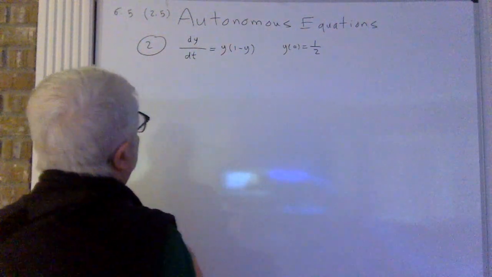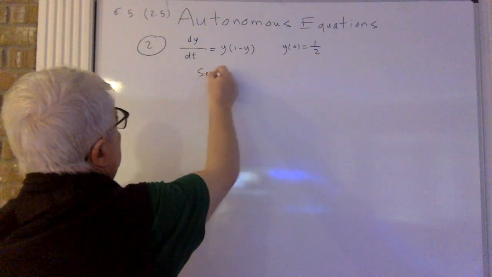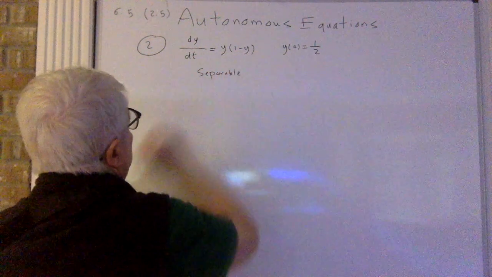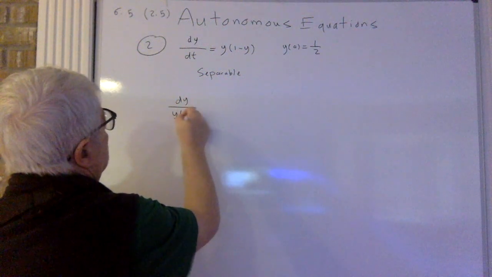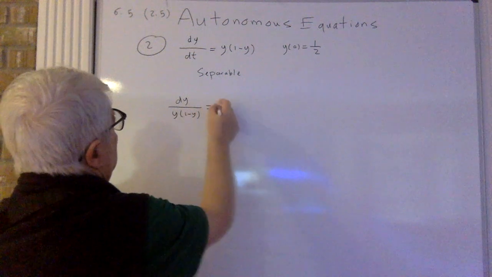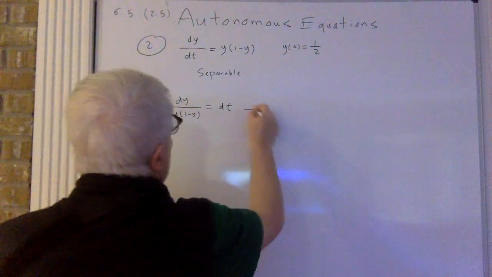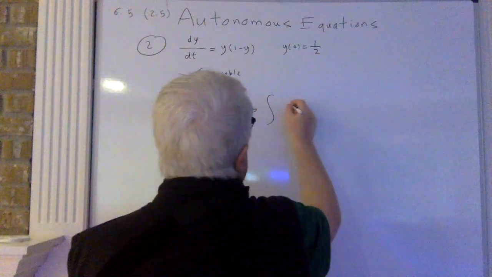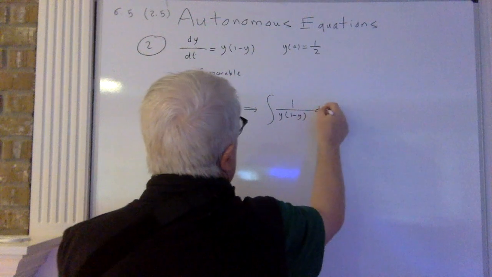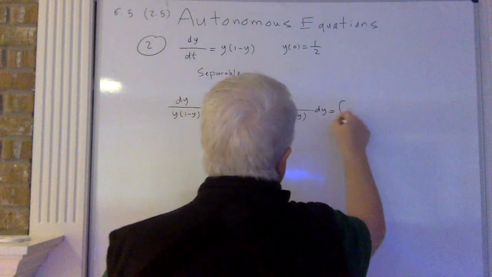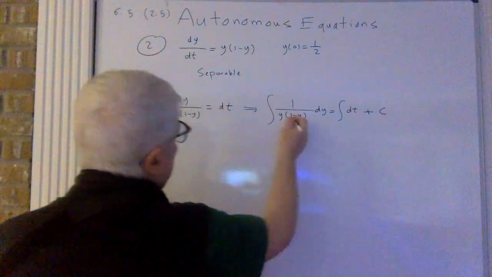Okay, so this is separable again, and we have dy over y times 1 minus y equals simply dt on this side. So the integral of 1 over y times 1 minus y dy equals the integral of dt, with the constant here. So what is this?